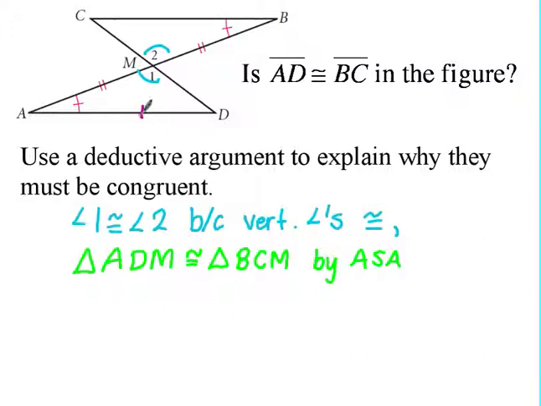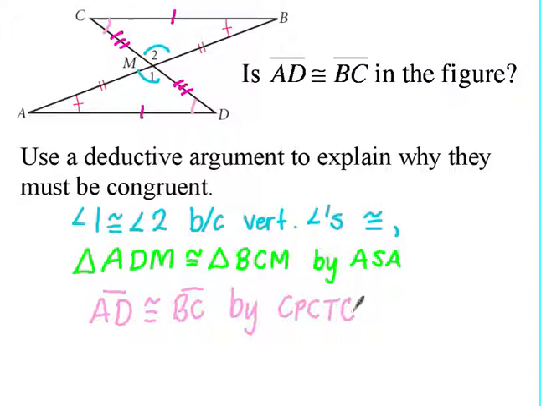So these 2 sides are congruent. It also means that these 2 sides are congruent. It also means that this angle and this angle are the same. So by CPCTC, we can conclude that AD is congruent to BC. Does that make sense? Okay, pretty straightforward.